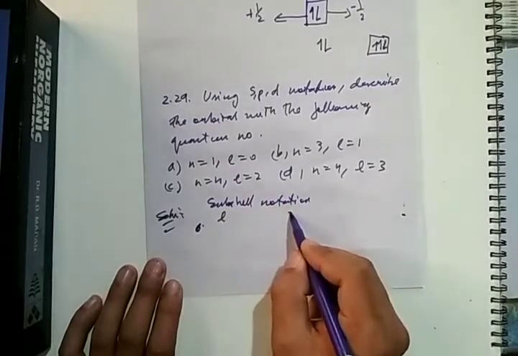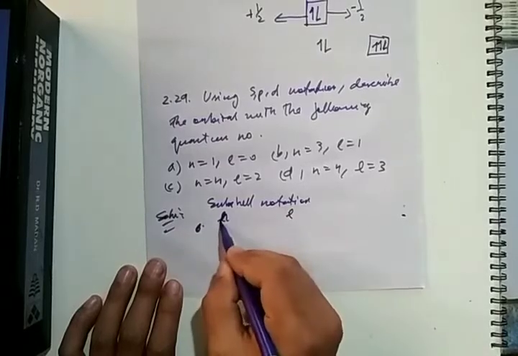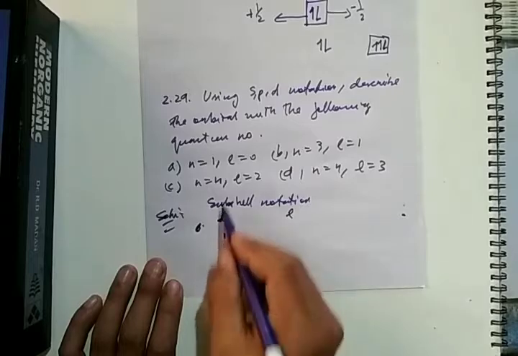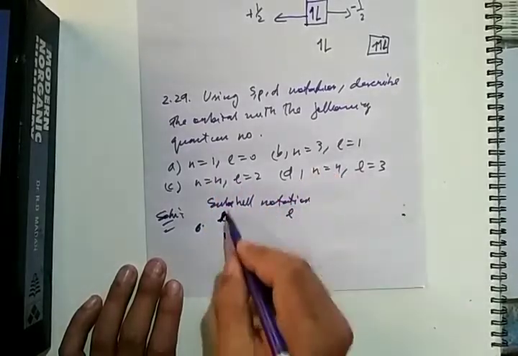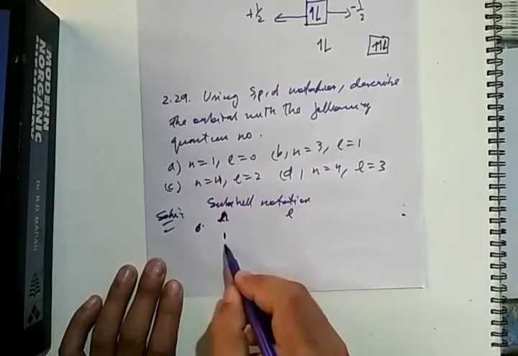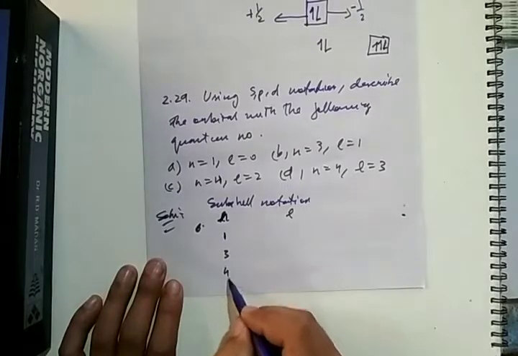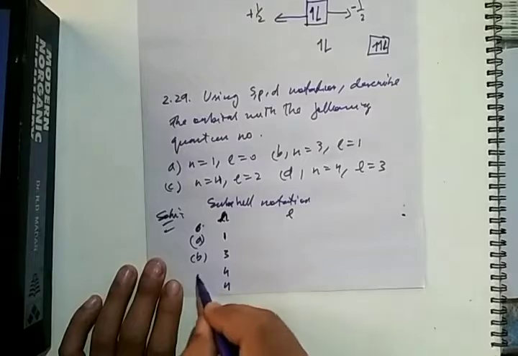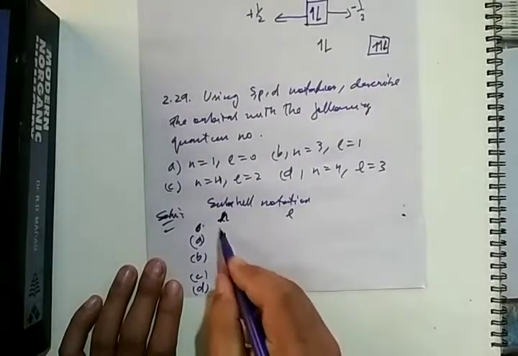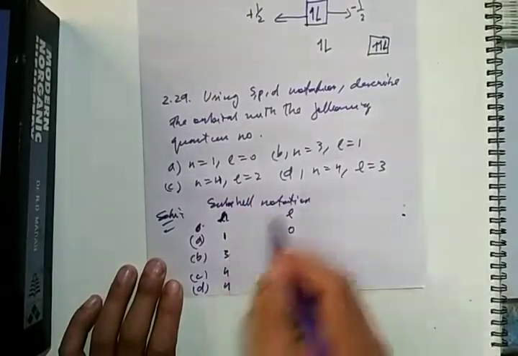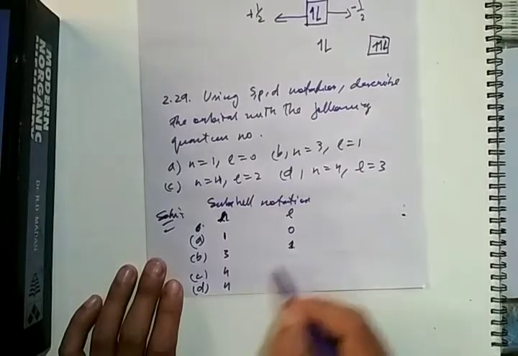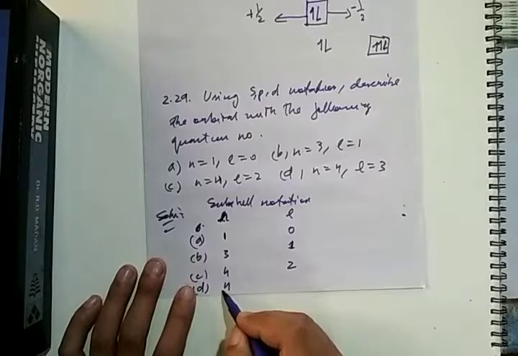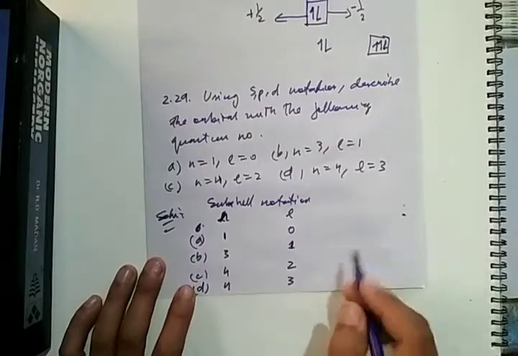For A, B, C, D: n is 1, l is equal to 0; 3, l is equal to 1; C, l is equal to 2; D, l is equal to 3.